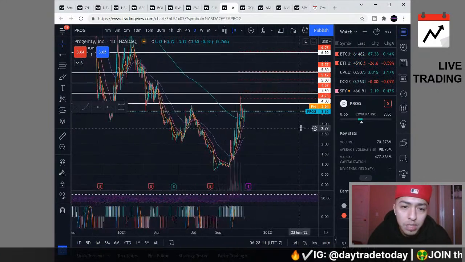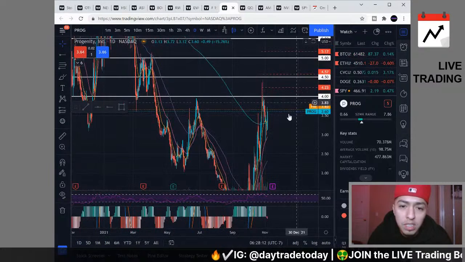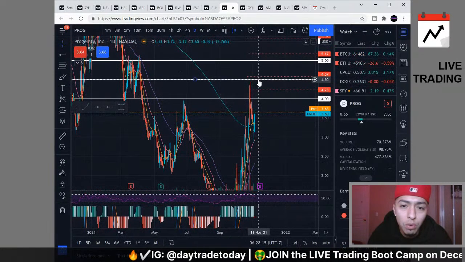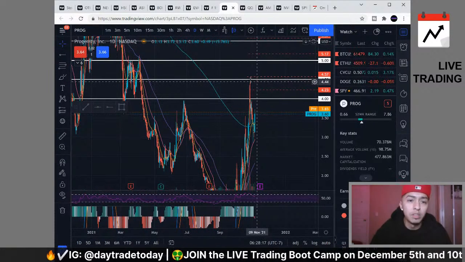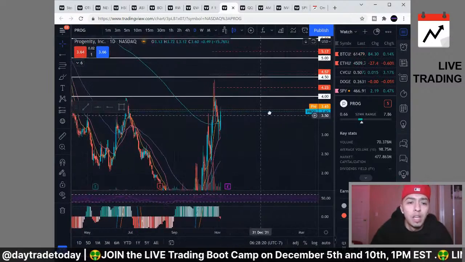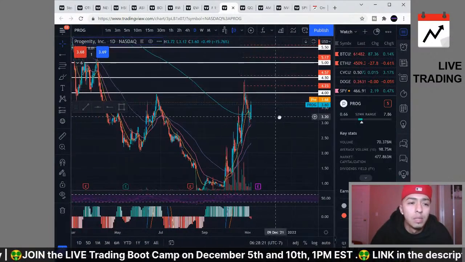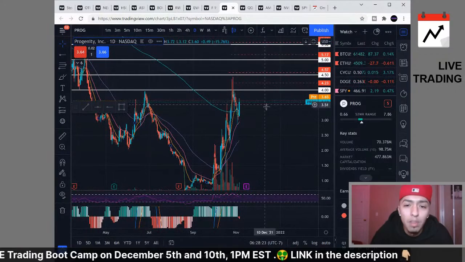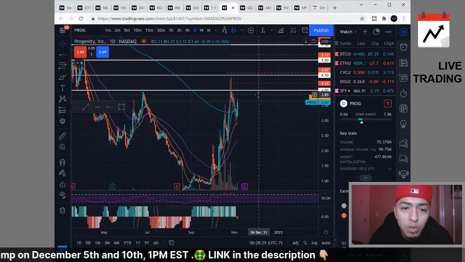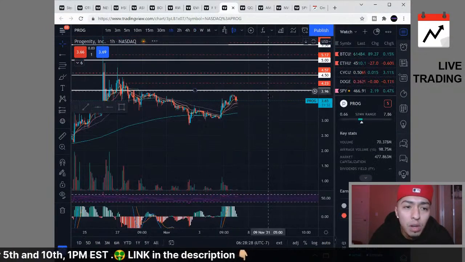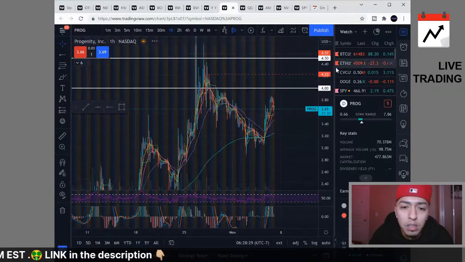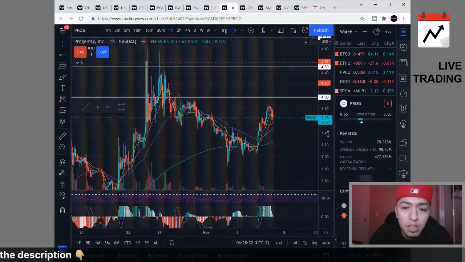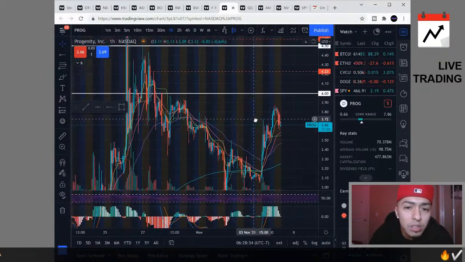On the daily, I'm seeing that we have resistance around 4.43, and right now the price is at 3.65. Let me go into the 1 hour to get a better perspective on the candles.